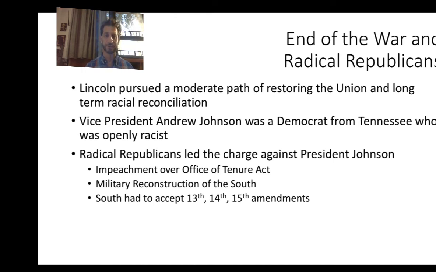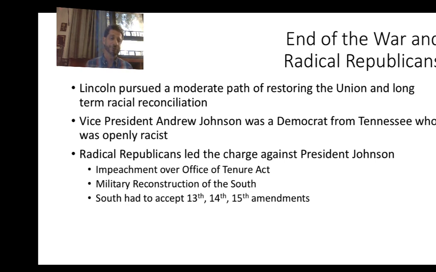So a group of Republicans in the Congress called the Radical Republicans led the charge against President Johnson. First, they trapped him into an impeachment case. So they passed a law called the Tenure of Office Act, which said that anybody that Johnson would try to hire or fire in his cabinet had to go through the Radical Republicans and the Republicans in Congress.